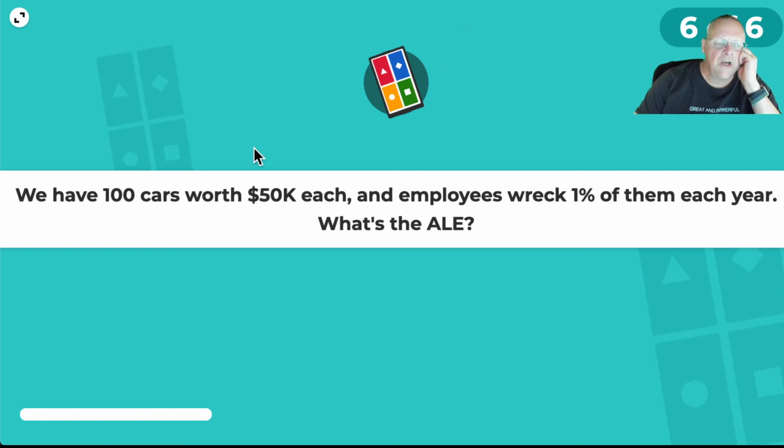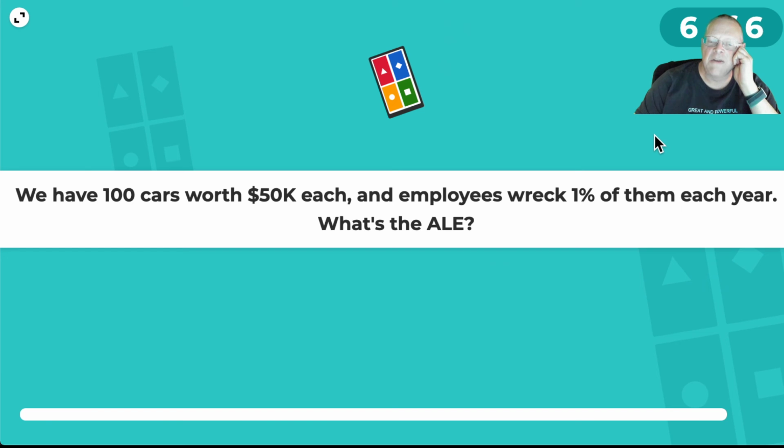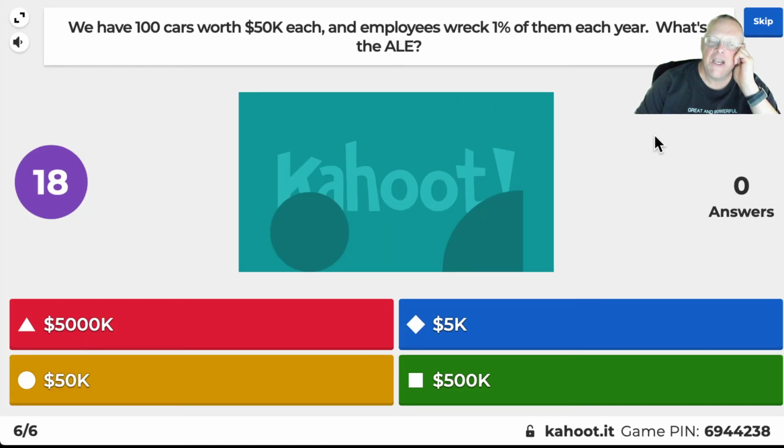So we have 100 cars worth $50K each, and employees wreck 1% of them each year. So what is the annualized loss expectancy?